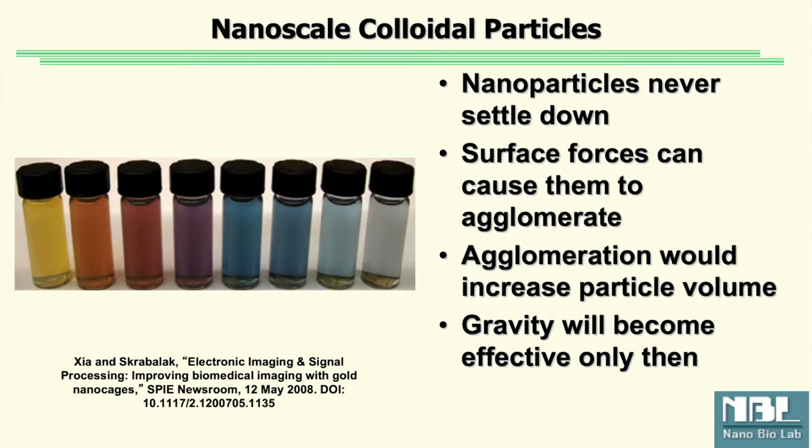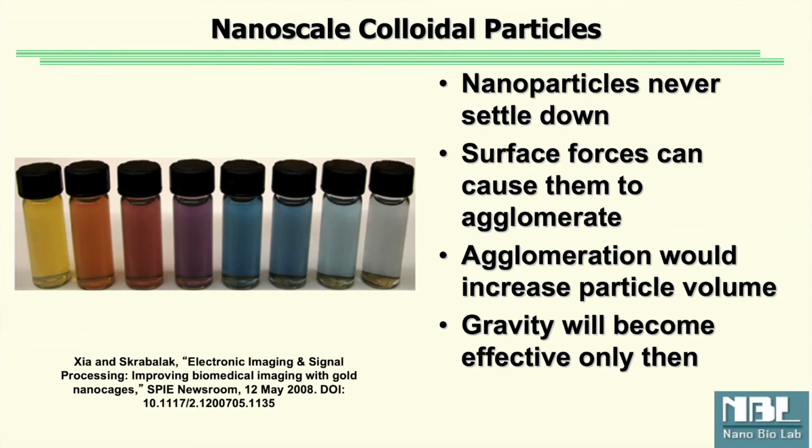For example, this is an example of nanoparticles which don't settle down. That's quantum dots, which would give different wavelengths. Now their size means there is no effect of gravity on them, which means these particles will always be suspended inside the solution. If you leave some particles suspended in a solution in a vial for some time, those particles will settle down ultimately.